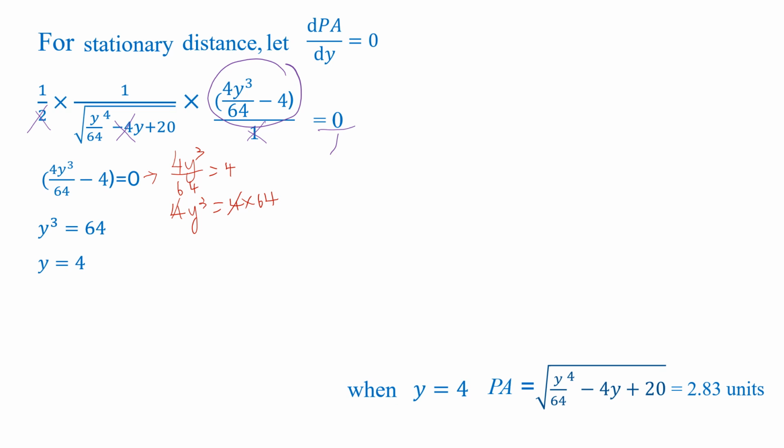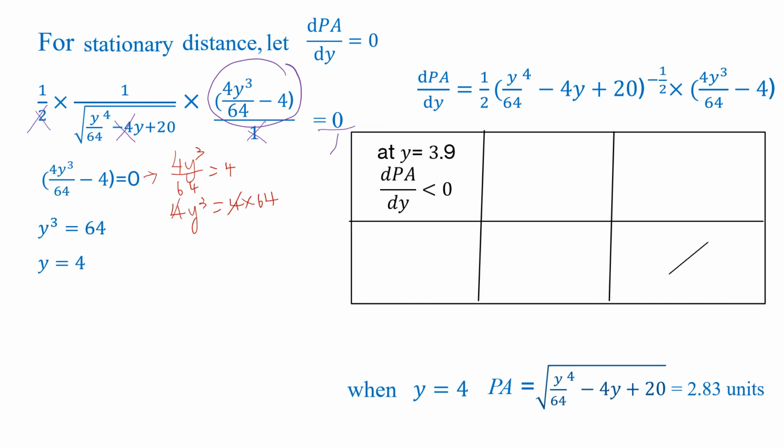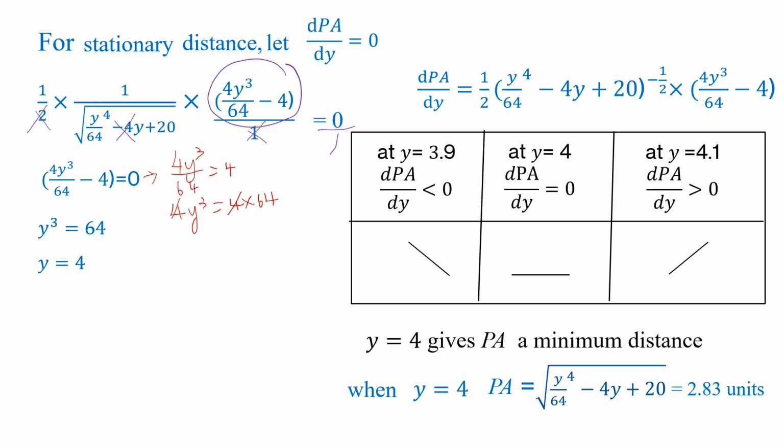We're just going to use the first derivative, because differentiating dPA over dy again is torturing. Using the first derivative, you show that what you're getting is a minimum value. Therefore, y equals 4 gives PA a minimum distance.